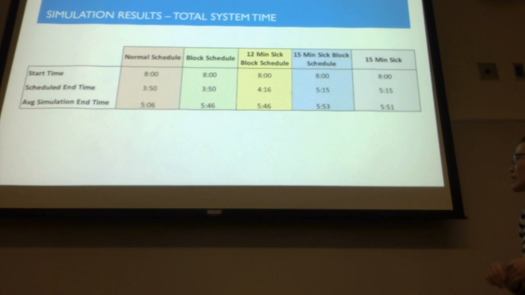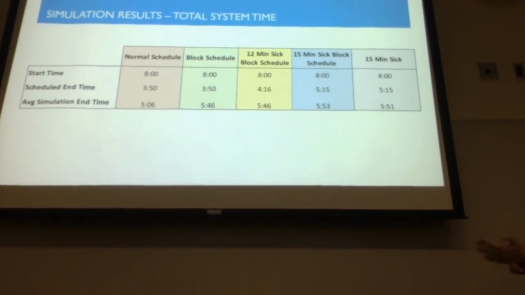And so by increasing the sick visits to 15 minutes, we obviously have increased the entire time it takes for a provider and MA to finish their time. But if you look, the normal schedule starts at 8 o'clock, and the scheduled end time is supposed to be 3:50. But for a normal schedule, the average simulation end time, which is when the last patient actually leaves, is around 5:06 because of all the wait times that accumulate.